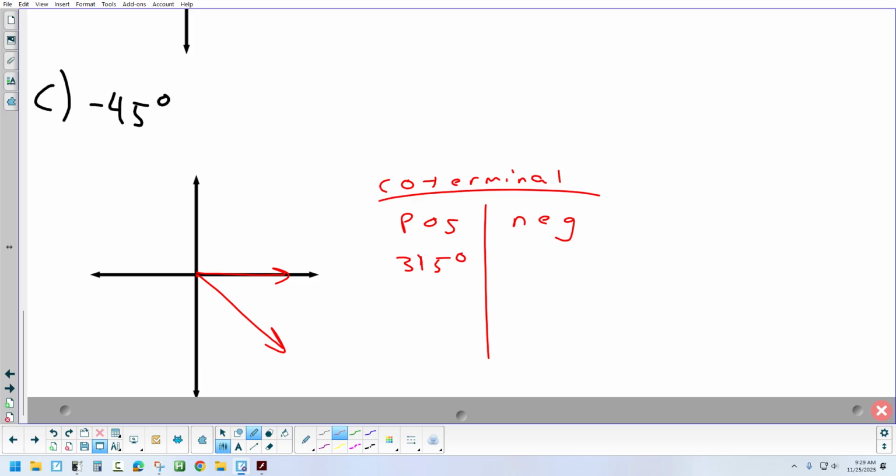Negative 405. Good. Given all of those different choices, if we had to work with one of those three angles to do trig, we'd probably choose the 315. We generally like to work with angles that are positive, but between 0 and 360. Most of the time.